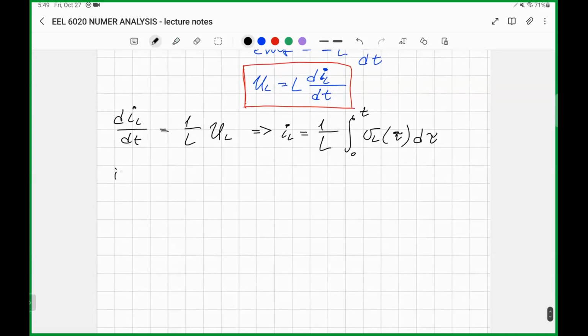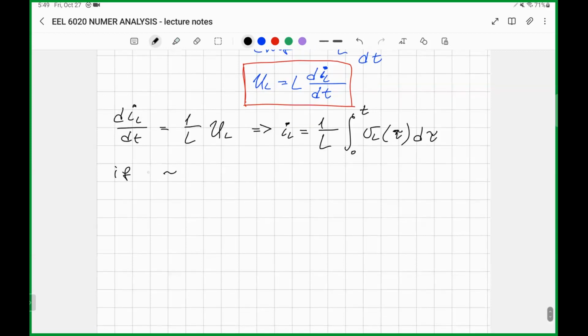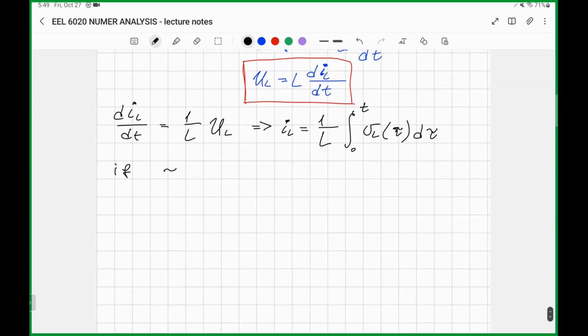So what else? If my current through the coil is a harmonic function that depends on time as an exponential function. So I is not good, let me use J. So I use J for the imaginary unit in this section. J omega t. Right.